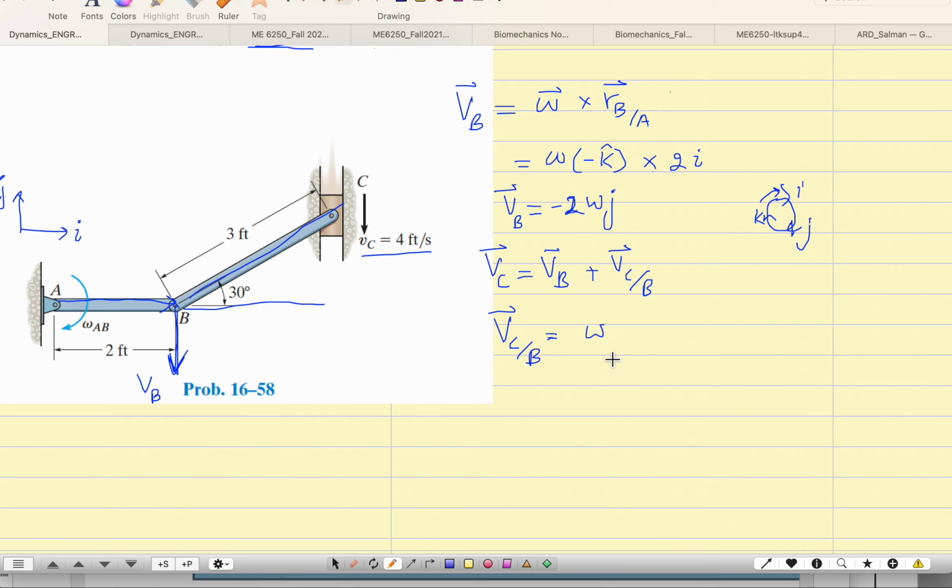It is omega, and since this is moving downward, let's imagine this is downward, clockwise. Do you agree?